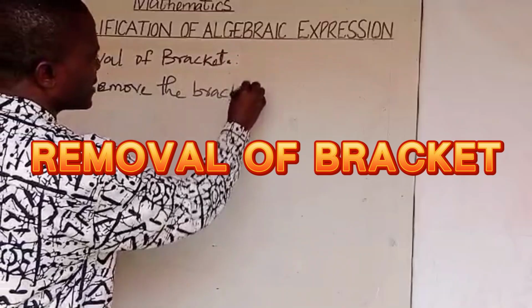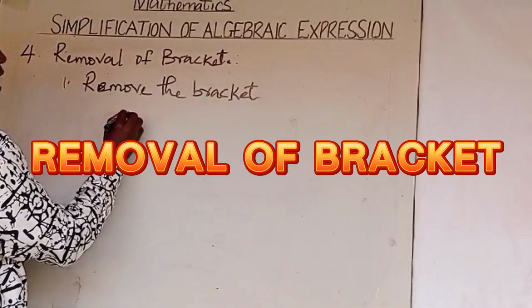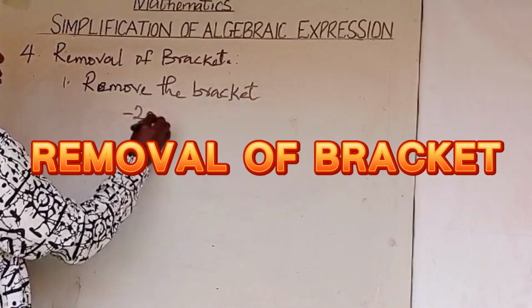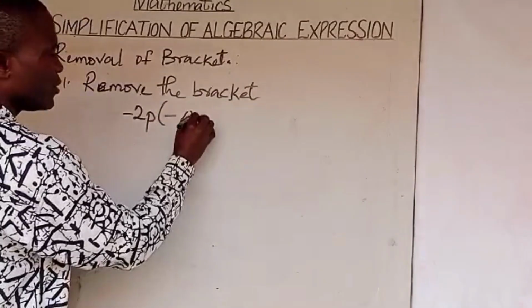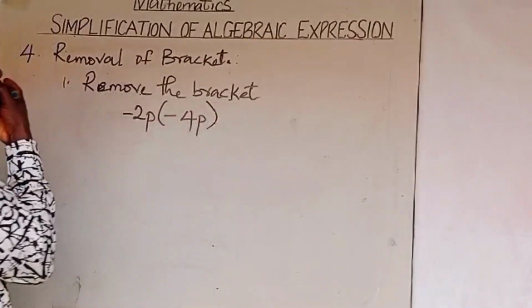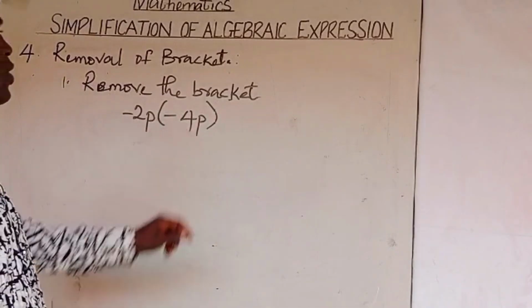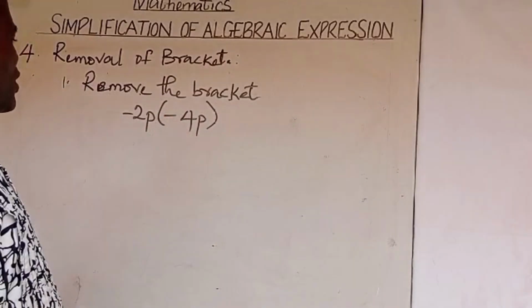Then you have minus 2p into bracket minus 4p. Close the bracket. Minus 2p, bracket, minus 4p, then you have a bracket close.